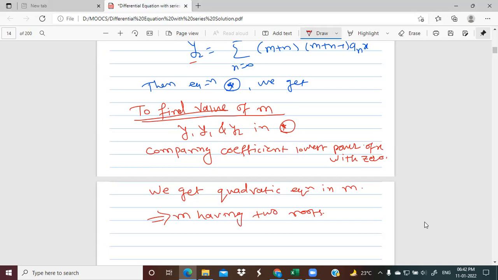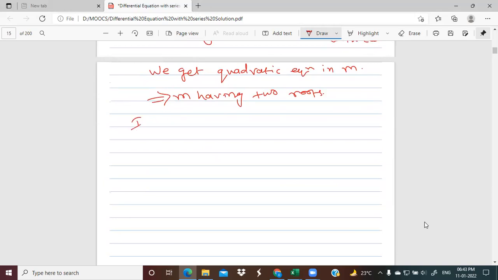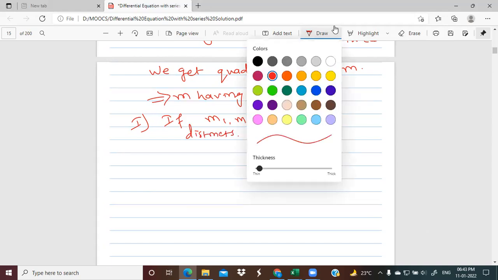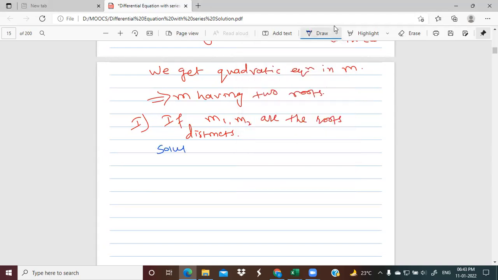Now using the nature of our roots, m1 and m2, if these roots are distinct, then we can write the solution as y is equal to some constant c1 into y value at m1 plus constant c2 into y value at m2.